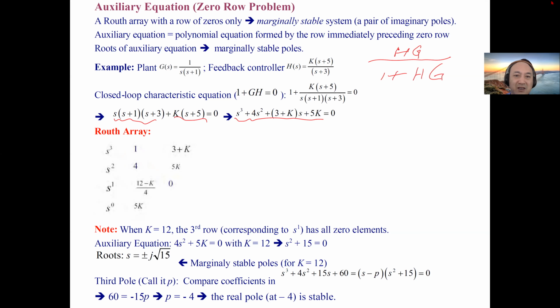So a_n is 1, a_(n-2) is this term, skip this one, 2. I don't have anything here, so you put a 0 in here if you want. Then the s squared term, you have 4, so a_(n-1), a_(n-3) is 5, so this is also 0 here. So we can do this one.